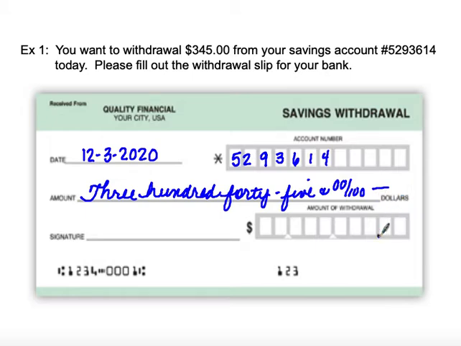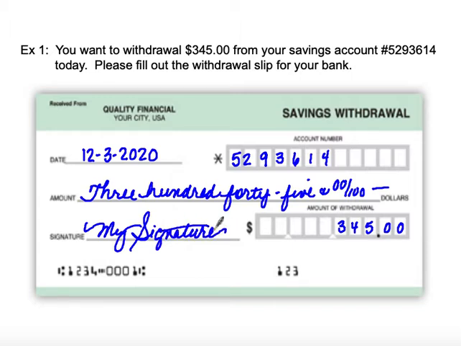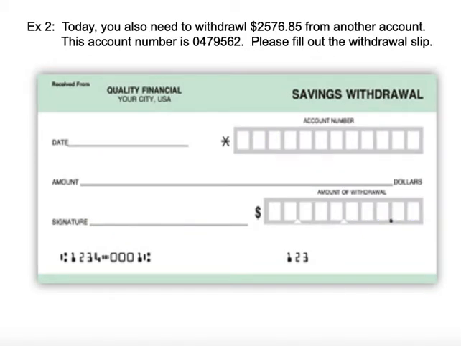So here's my decimal, so I want to line up everything on my decimal as 345, and then I would fill this out with my signature. Now make sure your signature is typically in cursive writing, so if you need to practice that, go ahead and do so.